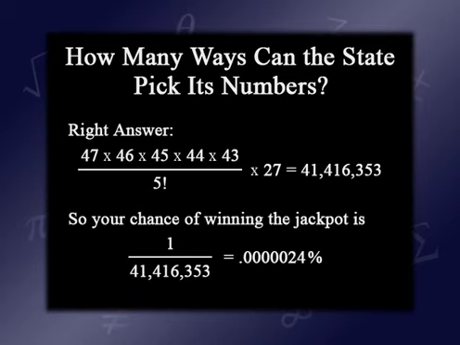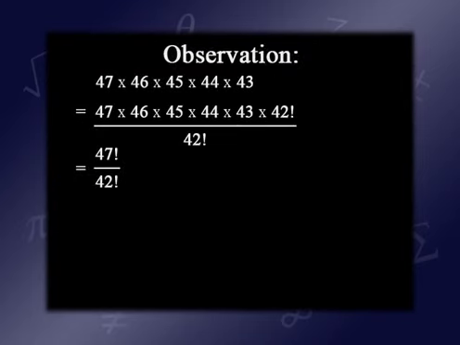Incidentally, when we deal with products like 47 times 46 times 45 times 44 times 43, another way of expressing that, a little bit mathematically cleaner, is to take the numerator and the denominator and multiply them by 42 factorial. So the numerator now looks like 47 factorial, and the denominator looks like 42 factorial.